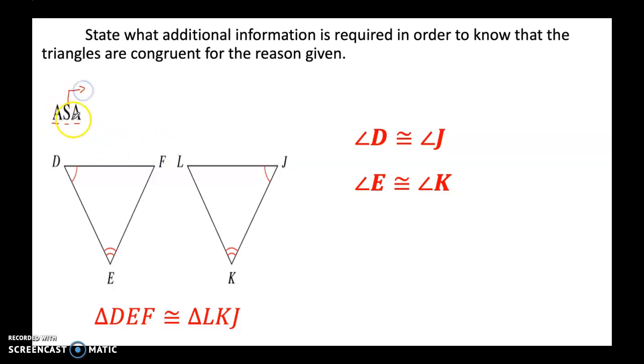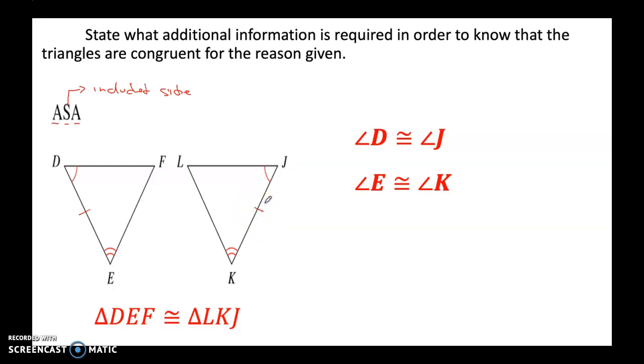Using the ASA, the included side of the two angles should be used. So we have angle D and angle E. The included side is segment DE. And angle J and angle K, the included side is segment JK.